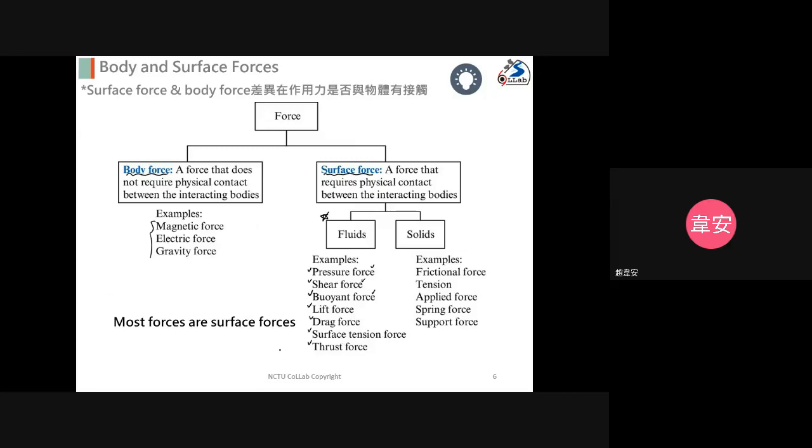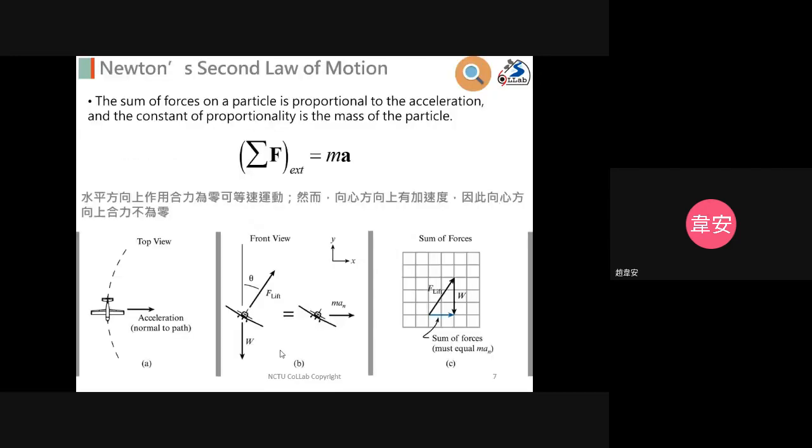In the following class, we will meet forces such as lift, drag, and thrust, and I will introduce more details about them then. Okay, and then we move to Newton's second law.